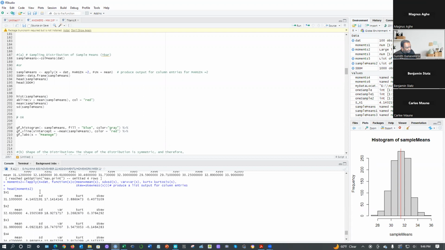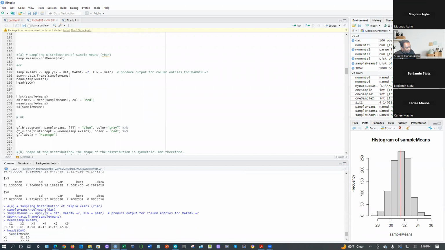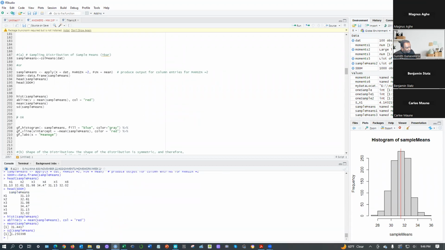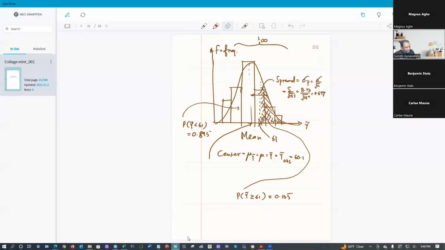This spread, 1.25, should be the same as the standard deviation of the sample in your hand divided by the square root of the sample size.